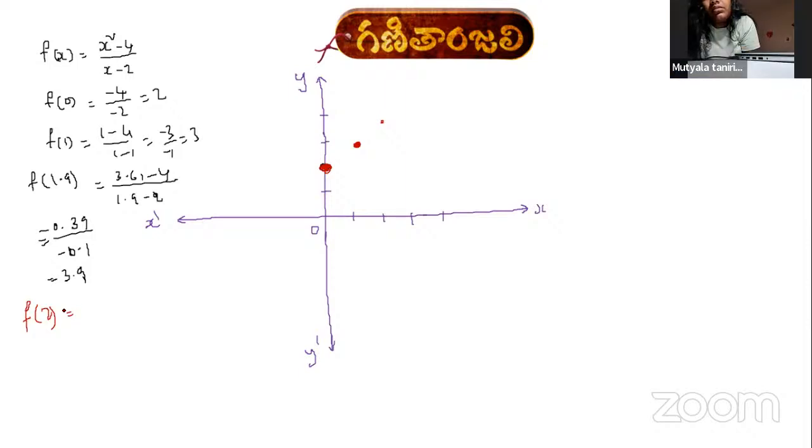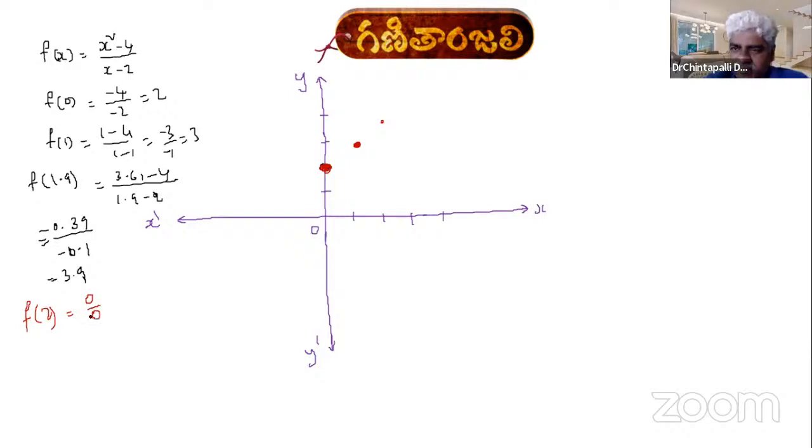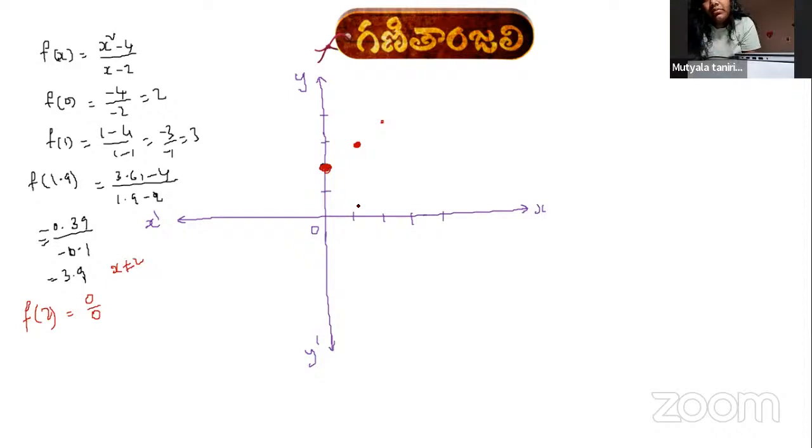No, sir. It is an indeterminate form. That means 2 cannot be in its input. We should not write x is equal to 2, because if you write x is equal to 2, it gets an indeterminate form.